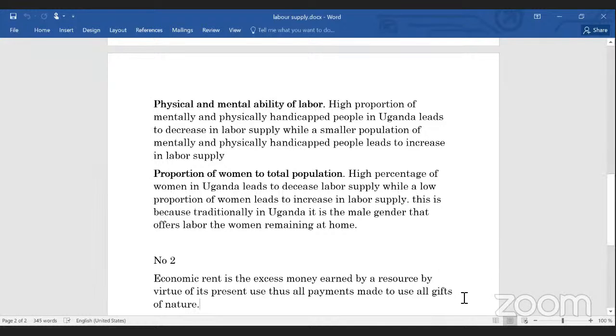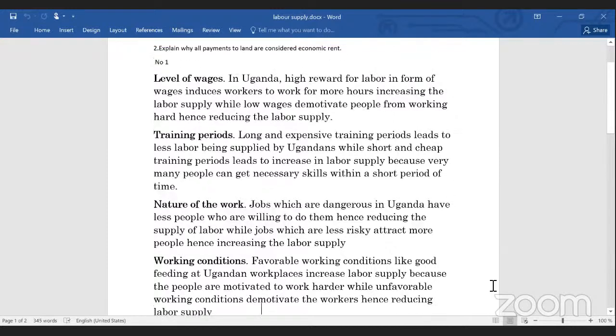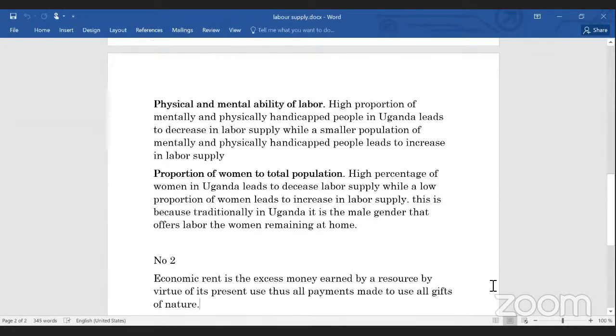You sent 2 different questions, so I should discuss the other one, the first one first. Which one is the first? Is it this one or this one? The one about land as economic rent, what you have as number 2.